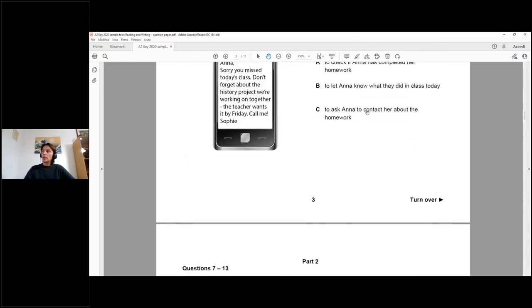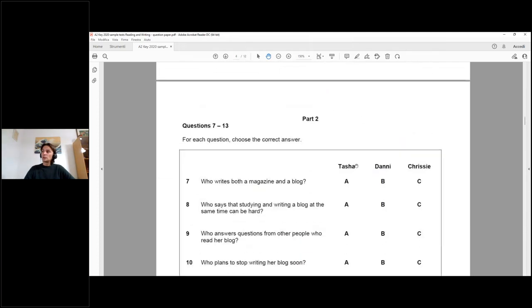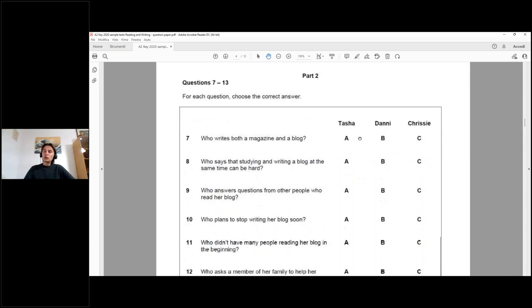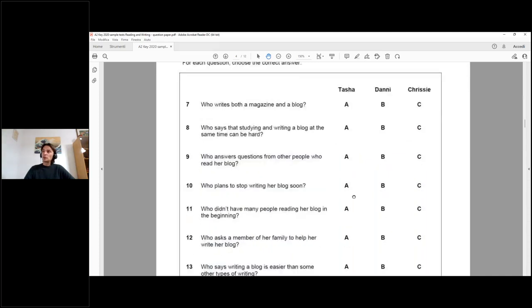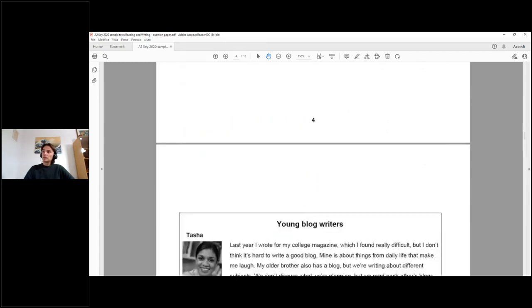Okay. And I don't think this part 1 should have been too difficult. Then you had a part 2. For each question, choose the correct answer, right? A, B, and C. Who writes both a magazine and a blog, right?